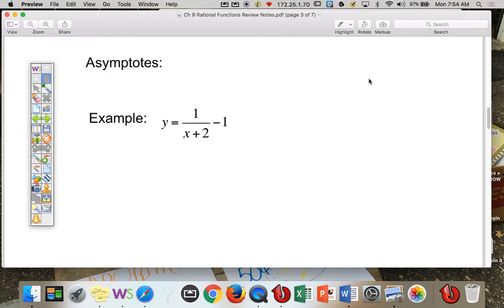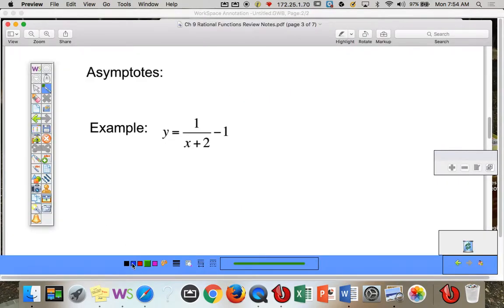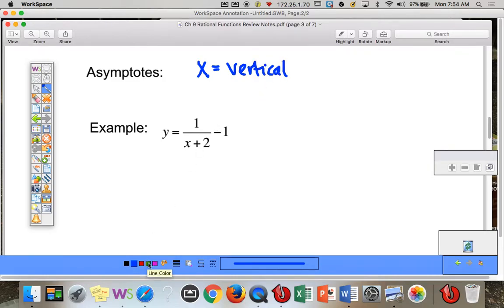Okay, so the asymptotes, again: x equals was our vertical, and it was at 0 unless something shifted. And our horizontal was our y equals. If we look at this function, it is shifted left 2, down 1.